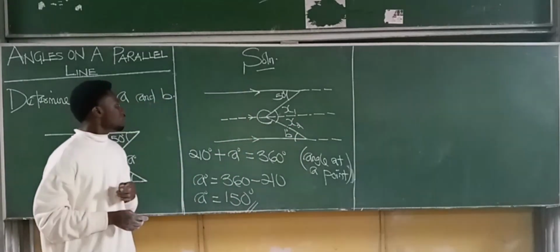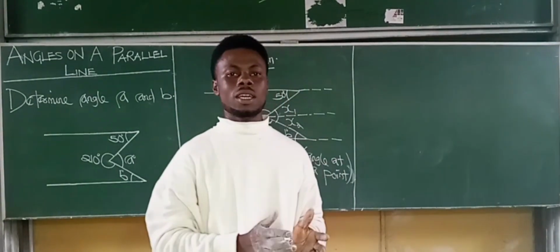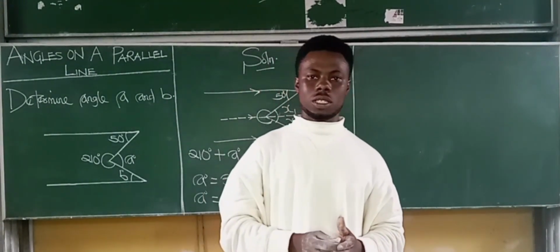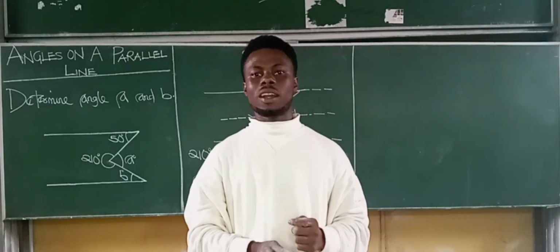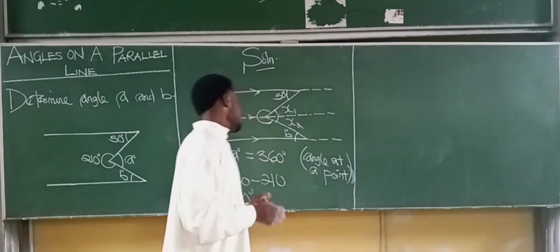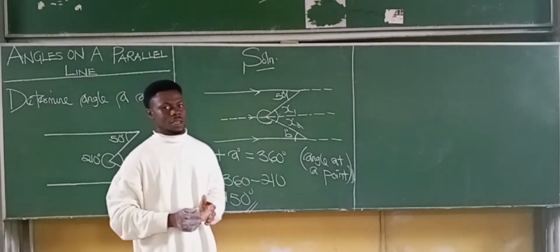In x1, according to the previous video we did, we talked about alternate and corresponding angle. That is the relationship established between the transversal line drawn across the parallel lines. So one of the relationships is alternate angles, and alternate angles are the same.